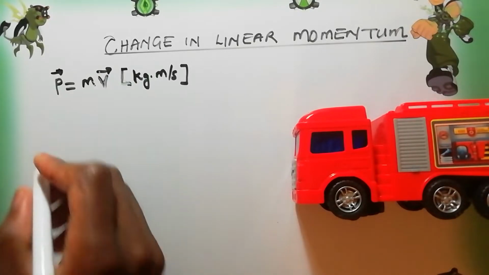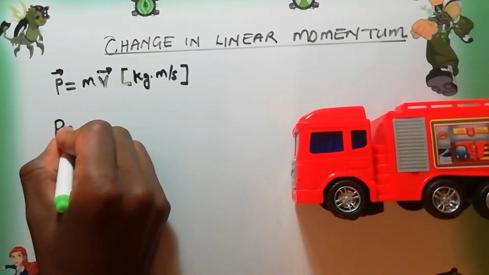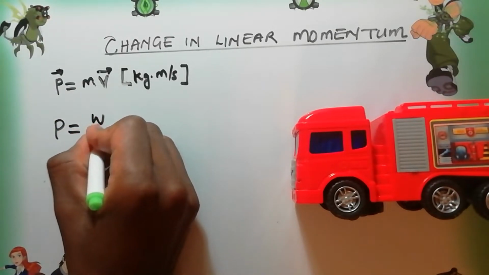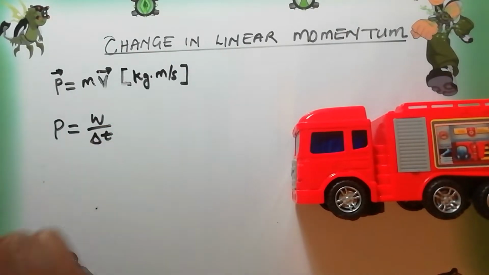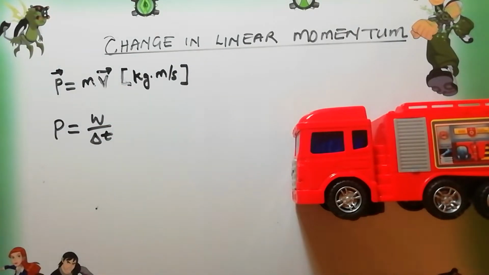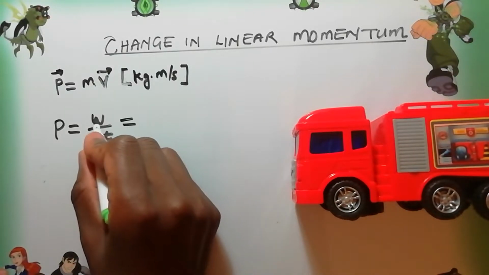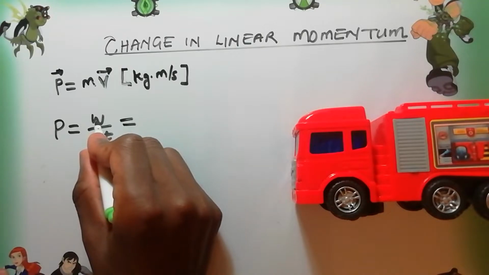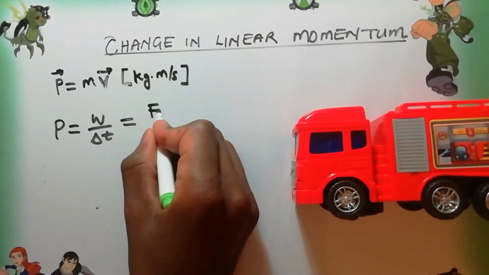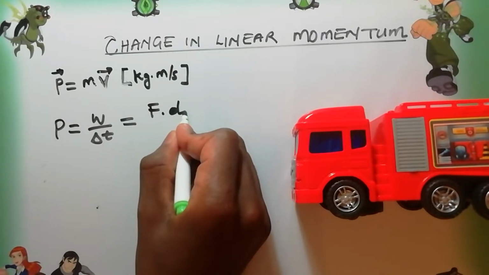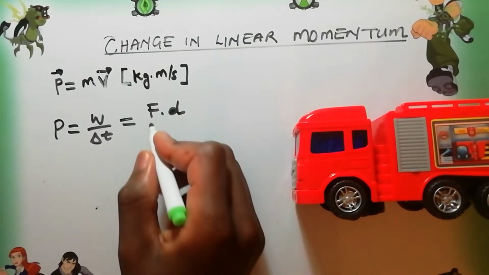So the formula for calculating power is given by P equals work divided by change in time. Hence, the definition of power is the rate at which work is done, or work done per unit time. Then how do we calculate work? So work, which is W, equals force multiplied by the distance that the object has traveled.